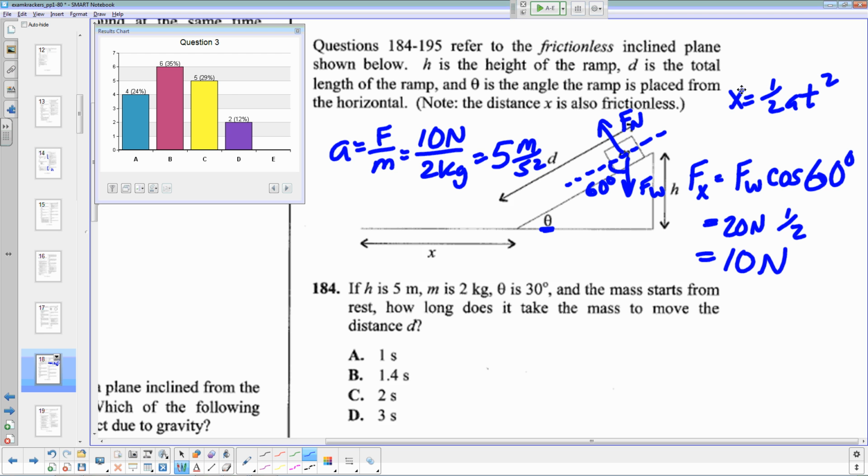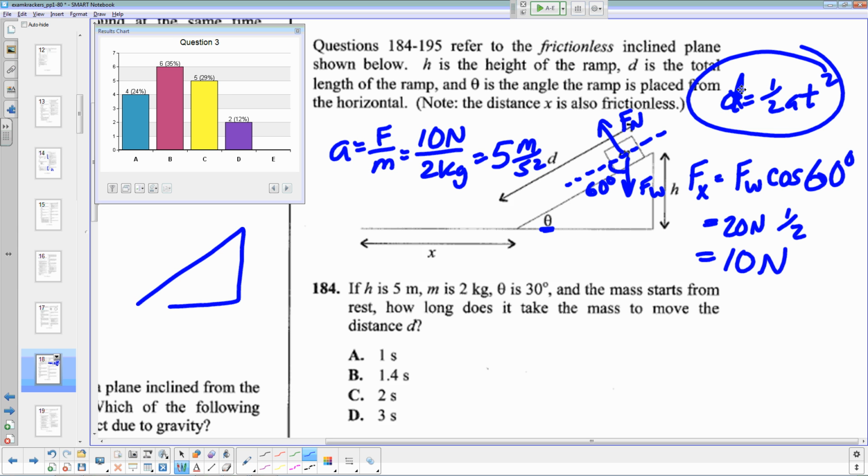And then I can go back to this. Let's see, x, or rather d, they call it, isn't given, is it? No, they give the height. So if I have a triangle like this, where this is 5 meters, and I want to know this distance, and I know this angle is 30 degrees, which function will I use to find d?